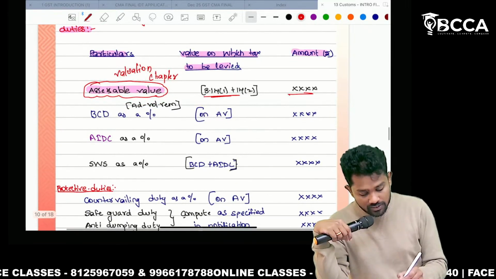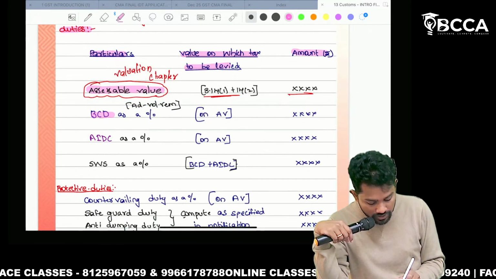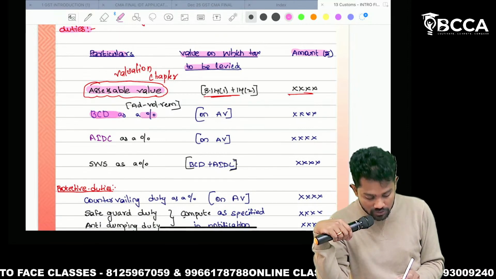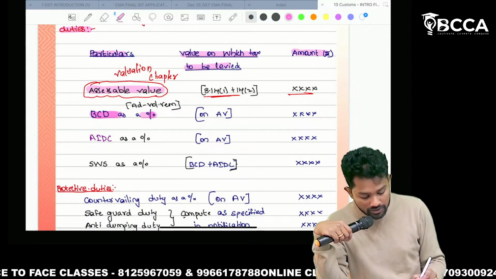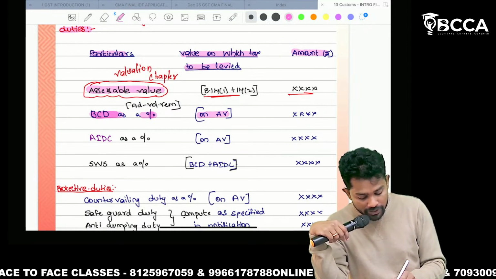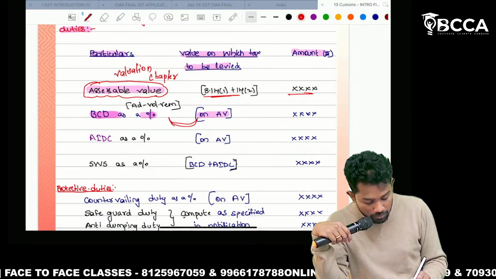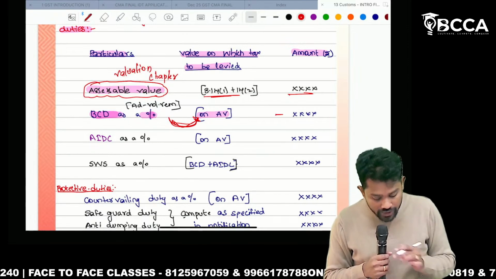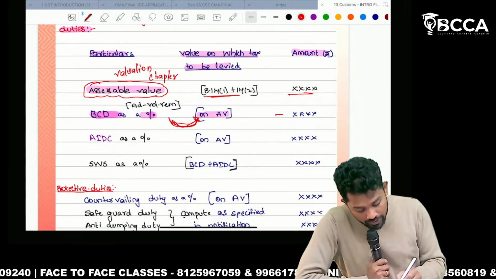See, first thing you need to levy is BCD. If it is as a percentage, BCD first we should levy. On what should it be applied? On assessable value. BCD shall always be applied on assessable value. Take that amount. Then AIDC.